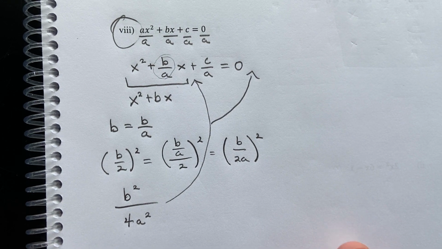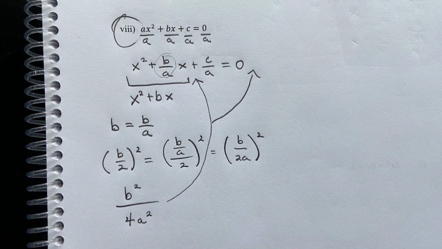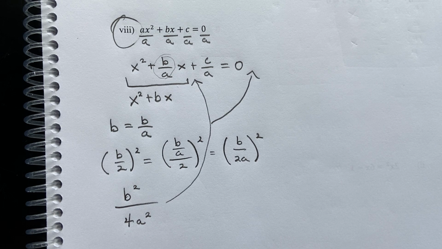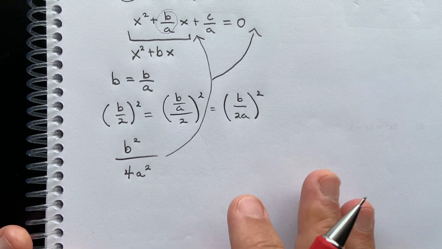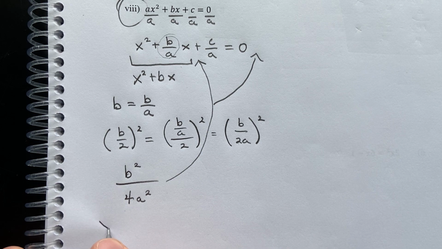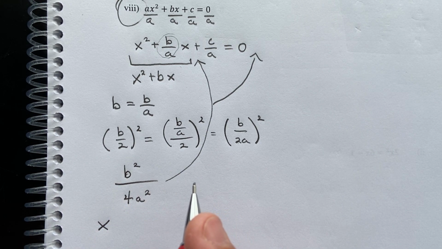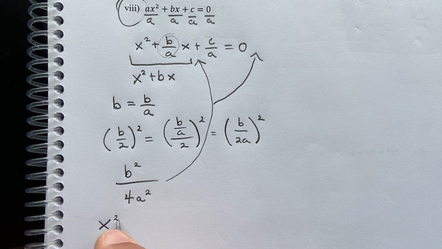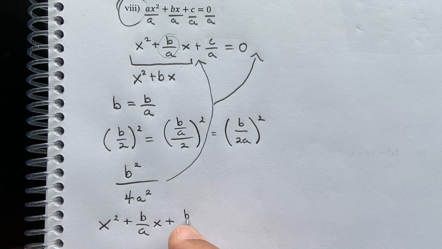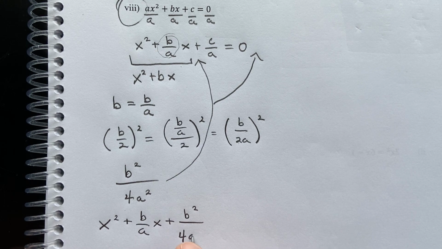So what we're doing right now is exactly what we've been doing, but just in general now. So we're performing the same steps, except now we just have a, b, and c rather than actual numbers there. Okay, so what we now have is x squared plus b over a x plus b squared over 4a squared.